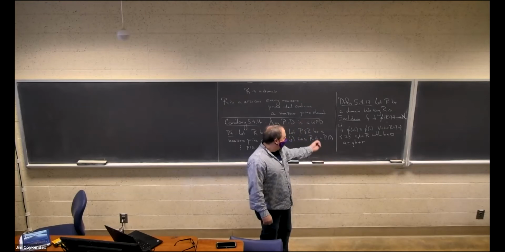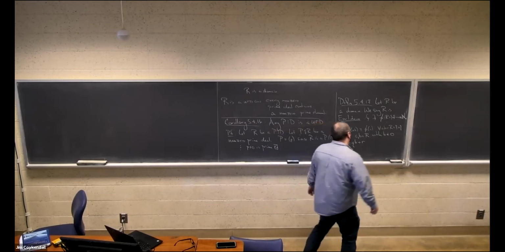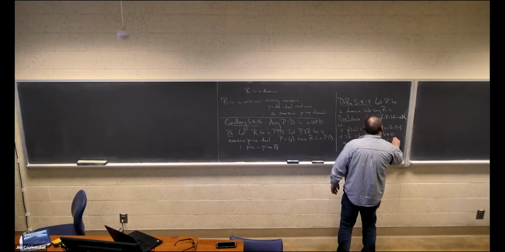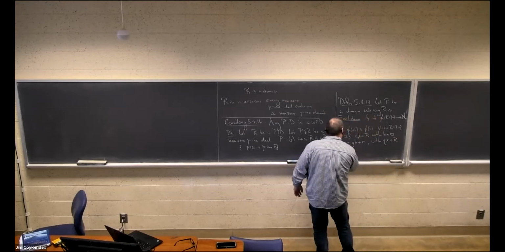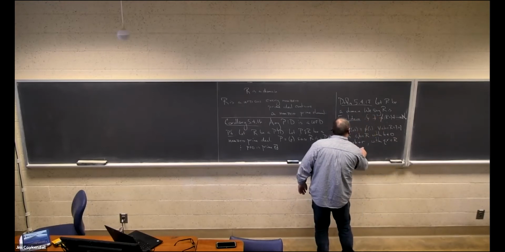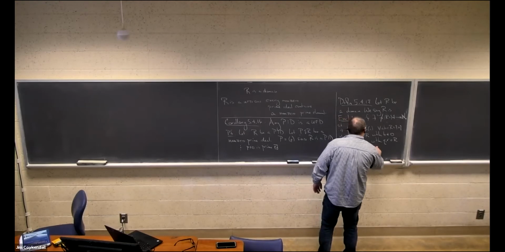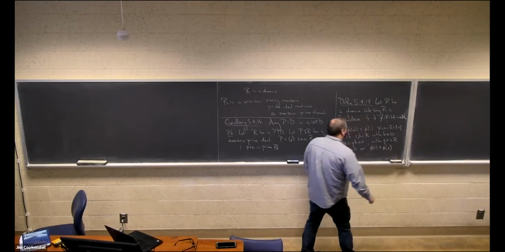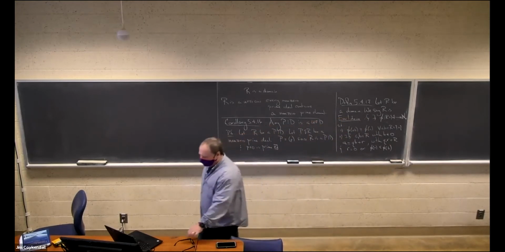So what I've done here is divide A by B with quotient Q and remainder R, where R equals zero, or phi of R is strictly less than phi of B. That's what I divided.